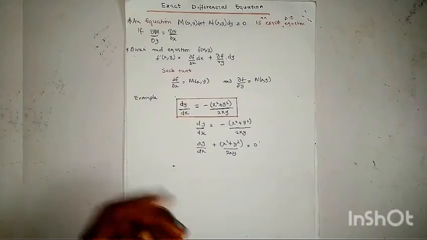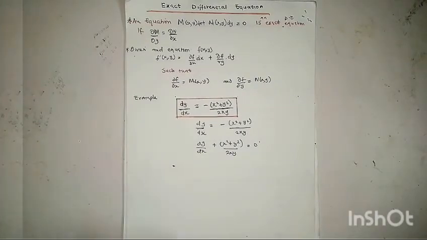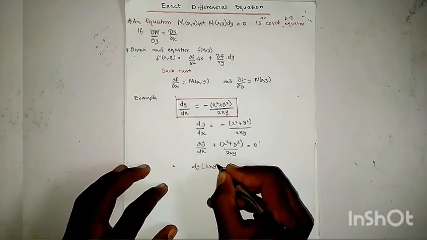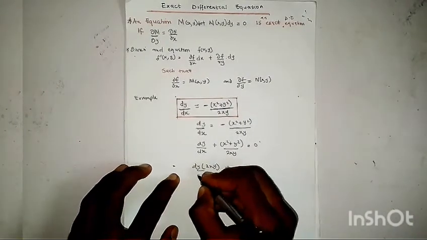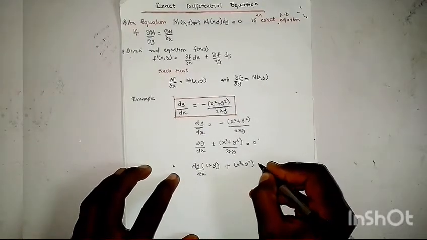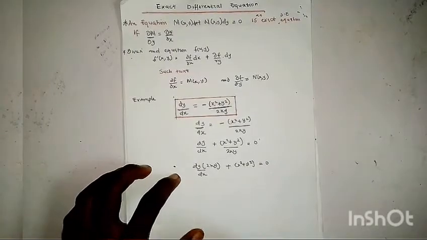Now let us multiply both sides by 2xy. We have 2xy dy/dx plus x squared plus y squared equals 0. Are you following now?